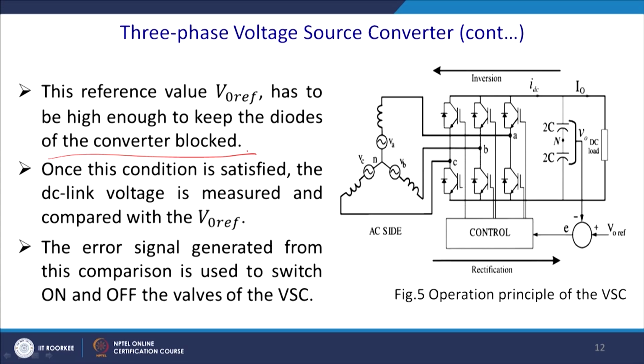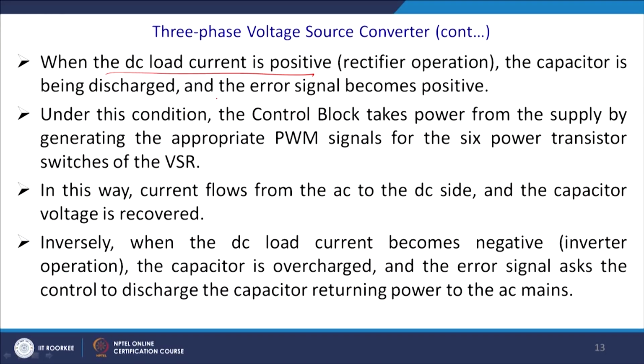Once this condition is satisfied, the DC link voltage is measured and compared with this V output ref. The error signal generated from the comparison is used to switch on and off the valves of the voltage source converter. When the DC load current is positive, that means it is in rectifier operation, you are taking power from the AC side, the capacitor is being discharged and the error signal becomes positive.